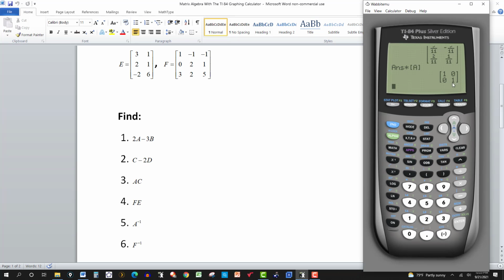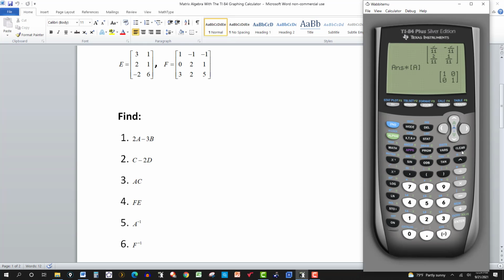But it'll have 1s along the main diagonal and 0 everywhere else. So that confirms that the answer that we got with the calculator is correct. Again, with numbers, 2 times 1/2 or 2 to the negative 1, those are multiplicative inverses. You get 1. So 1 is the identity for multiplication when it comes to real numbers. And of course you have the same sort of thing with matrices.